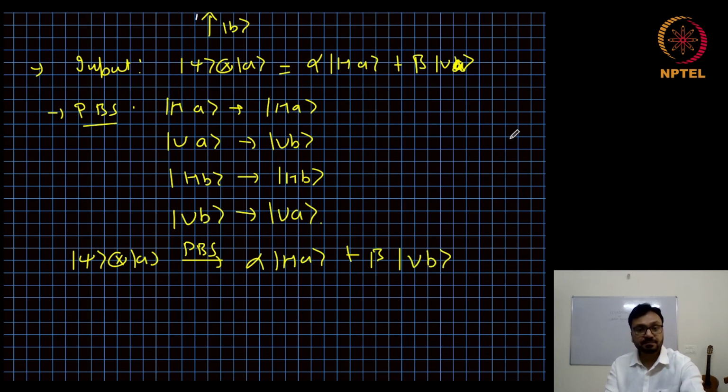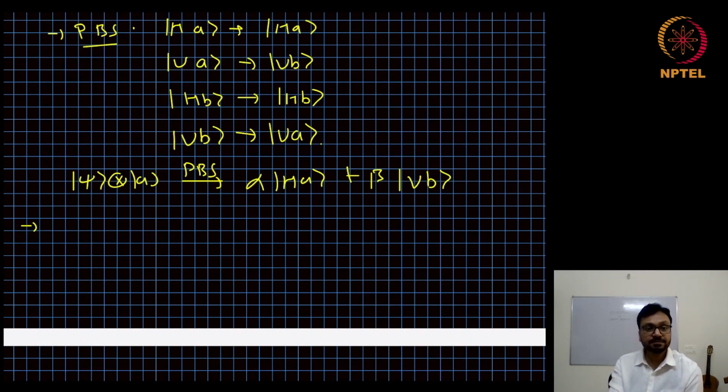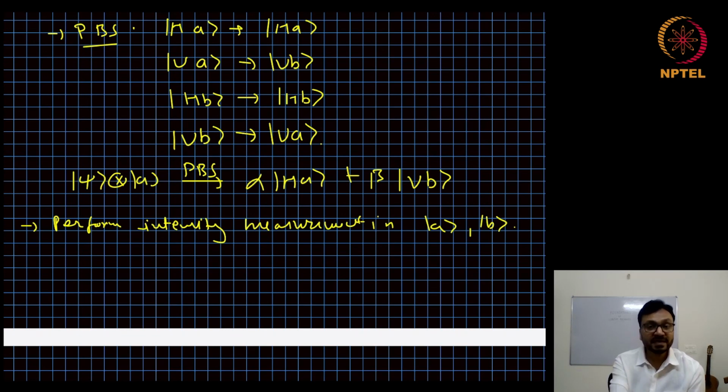After that, we perform intensity measurements in A and B. That is, we put detectors which do not discriminate between the polarization, but they just see whether the photon was in A or B. So we are performing measurement in the spatial modes.